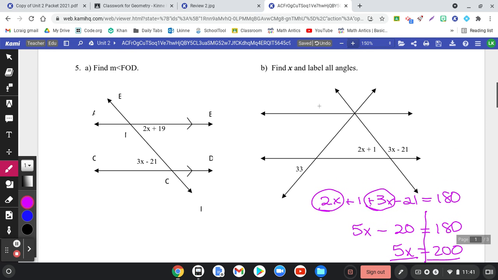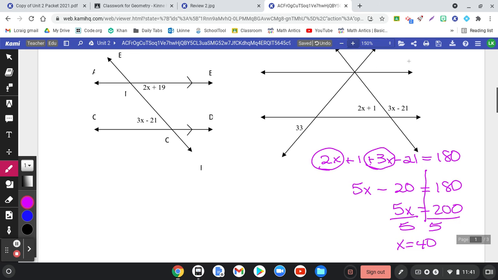Now it does say to find all x and label all the angles. Well, we found x. We got a whole lot of angles to label. First of all, why don't we figure out what these angles are? 3 times 40 minus 21 and 2 times 40 plus 1. So we have 81 for this angle, and we have 99 for this angle.